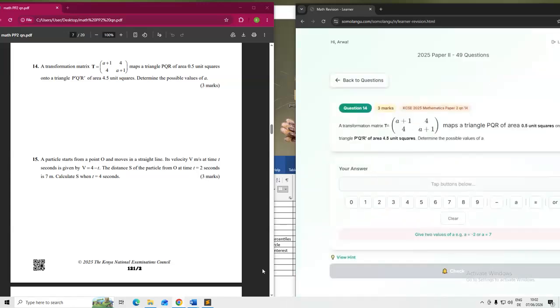In this question, the student is expected to use the crucial concept, the determinant of a transformation matrix, to determine the area scale factor. Remember, this is one of the most important applications of determinants in KCSE Mathematics.